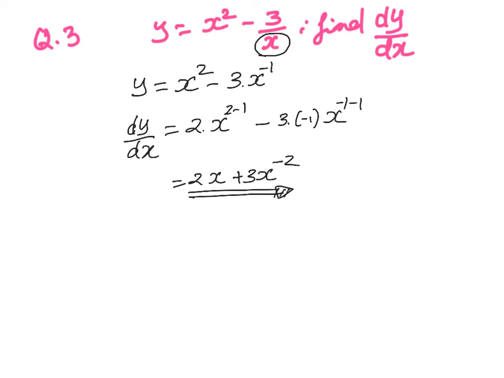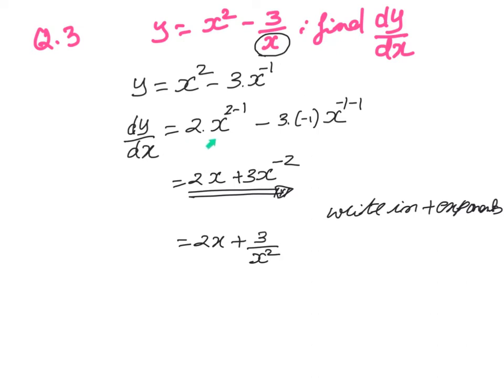But if the question is to write in positive exponents, then I will change the negative exponent to a positive exponent, applying the rules of exponents. Again, be very careful here, the 3 must remain in the numerator. 3 is still the coefficient. So this is how we do it here.